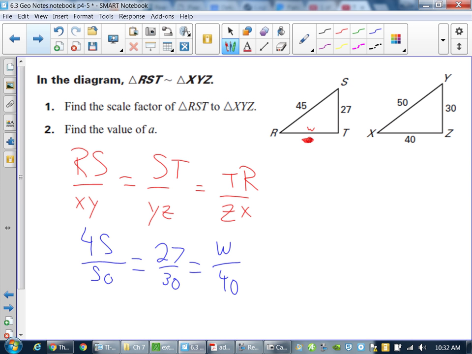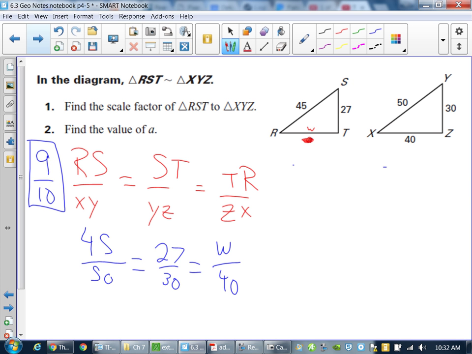Okay. So that tells me you can do a couple things. The scale factor going from left to right, that's how we have this set up. Numerator is in the top on the left, denominator is in the bottom, is 9 to 10. That's the scale factor. Scale factor helps you find side lengths faster.